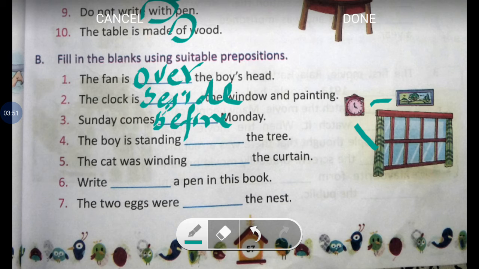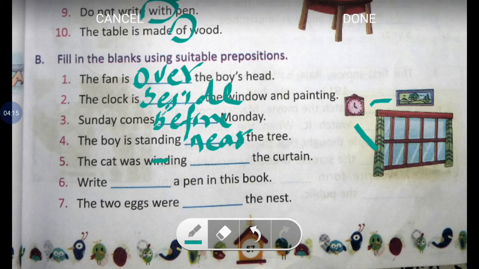Monday. The boy is standing. We can opt any suitable preposition as like near. Near means नजदीक. The boy is standing near the tree. लड़का पेड़ के करीब खड़ा है. The cat is, it is not winding, it should be hiding.